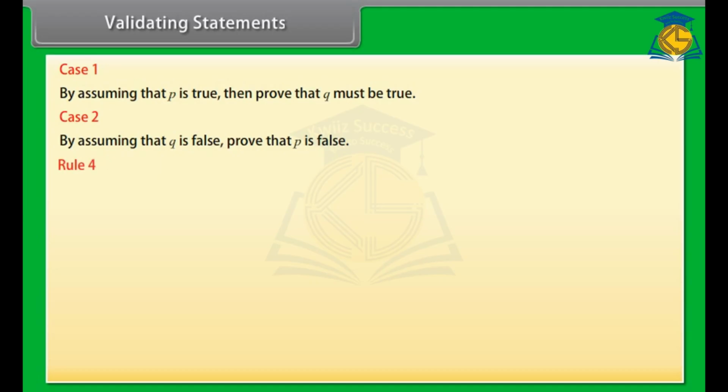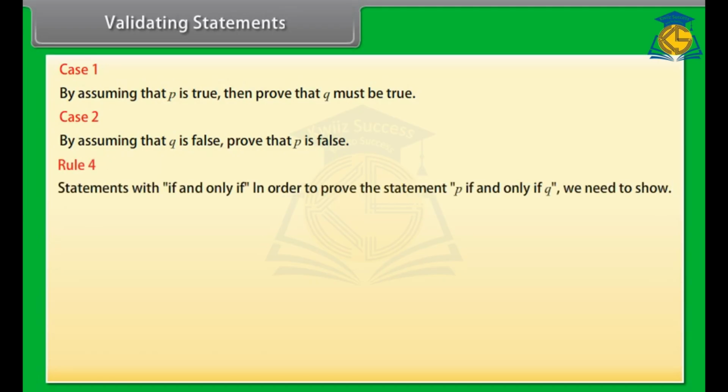Rule 4: Statements with if and only if. In order to prove the statement P if and only if Q, we need to show Case 1: If P is true, then Q is true. Case 2: If Q is true, then P is true.